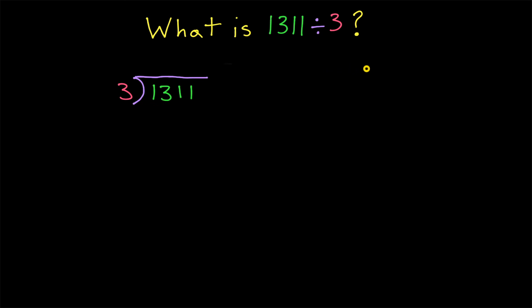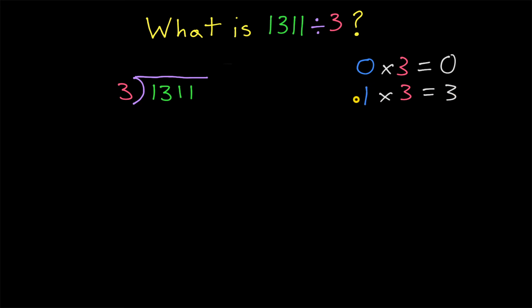So let's write a few candidates over here. Let's think, for instance, about 0. 0 times 3 is simply equal to 0. So is 0 a good candidate? Well, 0 times 3 is equal to 0, and 0 is clearly less than or equal to 1, so 0 is a potential candidate. Now think about 1. 1 times 3 is equal to 3.